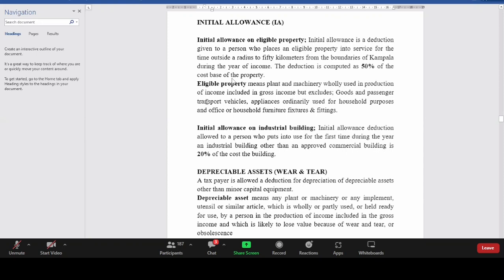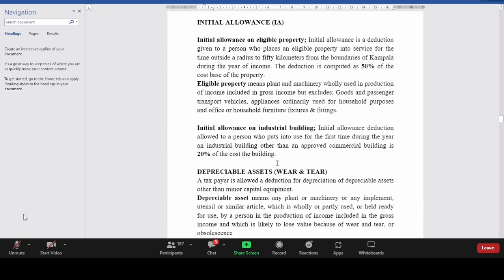The ladies were giving the example: office and household furniture, fixtures and fittings, all those are not given. Now, other plant and machinery used in production of income are the ones that are given initial allowance, but it must be put into use for the first time to produce income that is included in gross income, outside the 50 kilometers radius of Kampala.